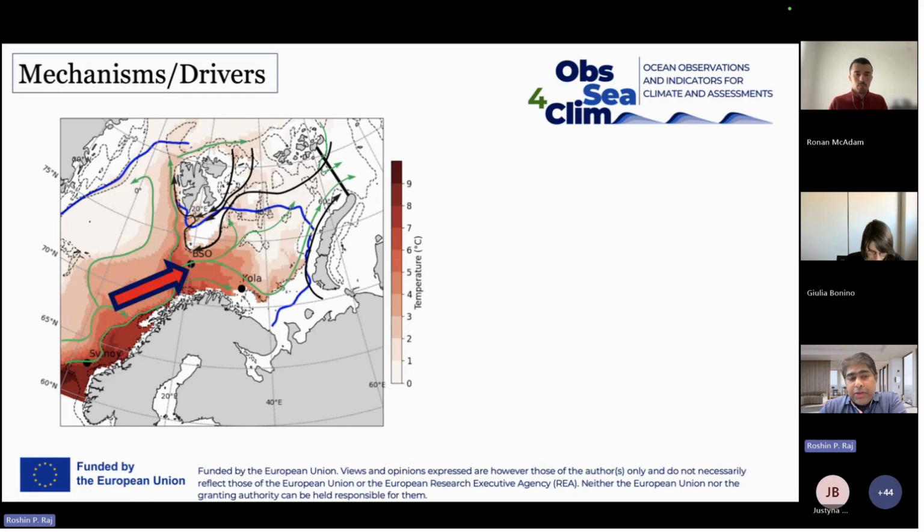The primary source of marine heat waves in the Barents Sea is the inflow of Atlantic water. This usually triggers the marine heat waves. In the 2016 event, it was very evident. This was the precursor of the marine heat wave event.